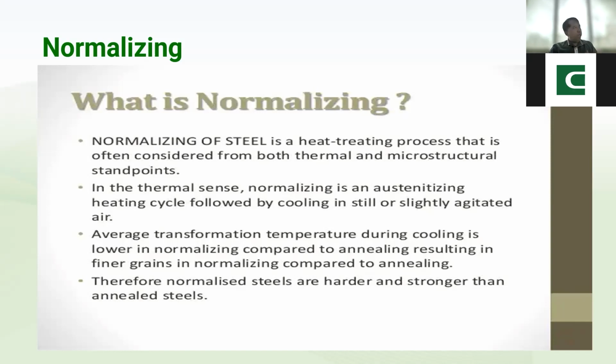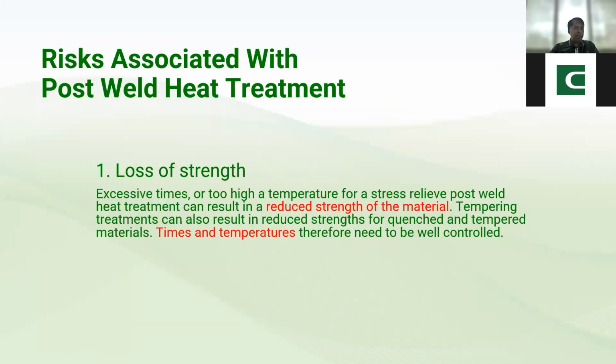And this will normalize the grain structure, compared to your annealing, with fine grain into a normalized material. So if you compare annealing and normalizing, you have a slightly harder steel on a normalized compared to your annealing, which is soft and ductile material.